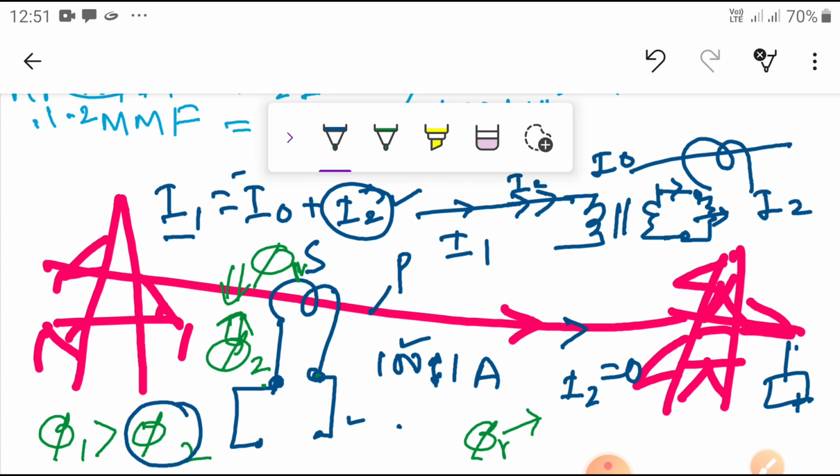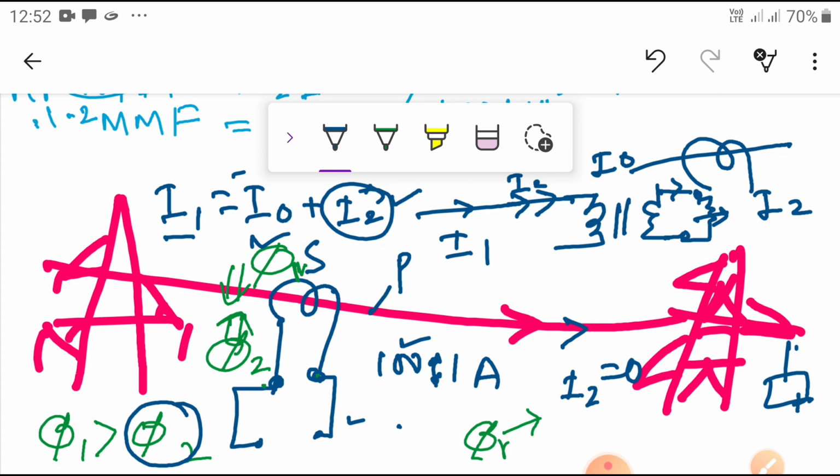Then whatever the phi 1 is, it is dominating, only the primary MMF, because that depends on N1 and I1. N1 is the number of turns in the primary, and I1 is the primary current, which is very large. This large MMF will produce a large flux in the core.